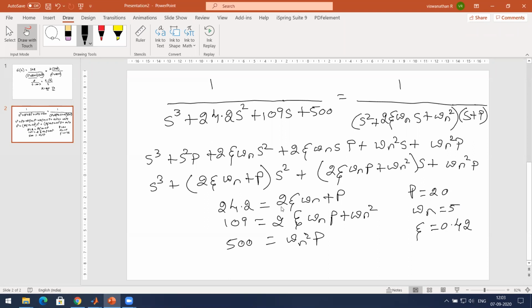If you solve this simultaneously, you will get this answer. You can try this later. Now, once you have this omega n and zeta, can you find the response of the system? You can do this, right?